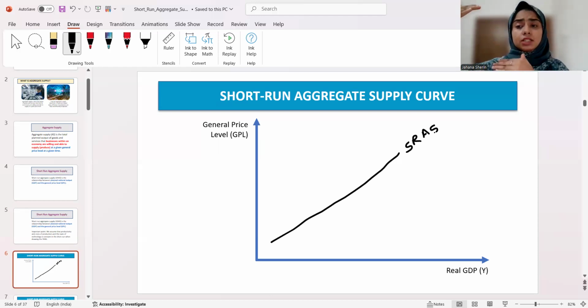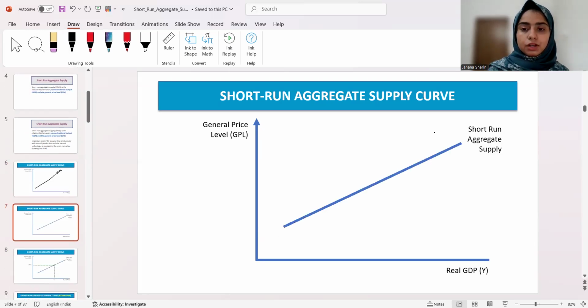When the general price level is increasing, real GDP is also increasing, under the assumption that productivity, state of technology, and cost of production are constant. We keep that assumption, and only then will this relationship work. So this is the short-run aggregate supply curve, with a positive relationship between the general price level and real GDP.